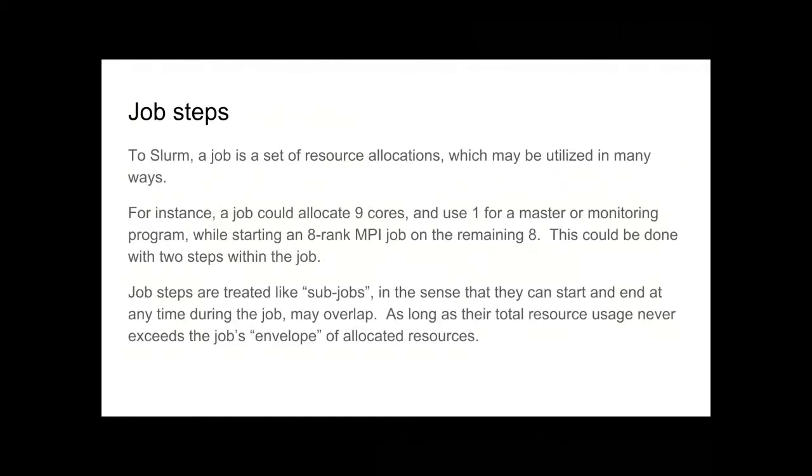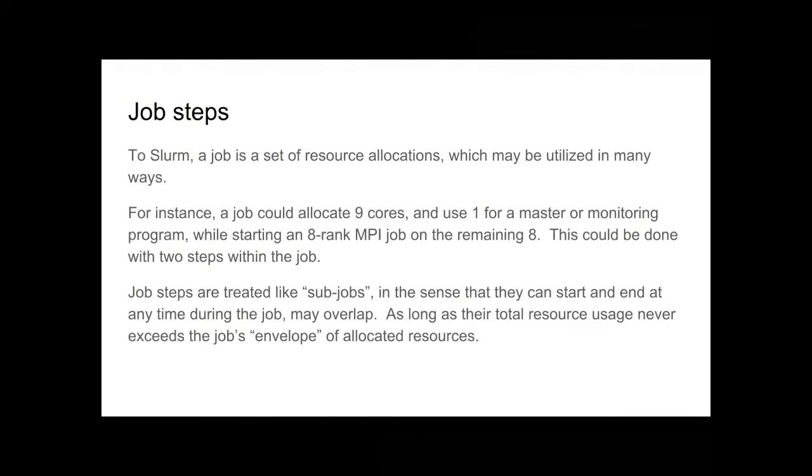Normally, if you just have a single serial job, you'll see one job step that contains all of your work. But there may be other job steps. Every time you run srun, for instance, within a job, or when you start MPI jobs, this can generate new job steps.